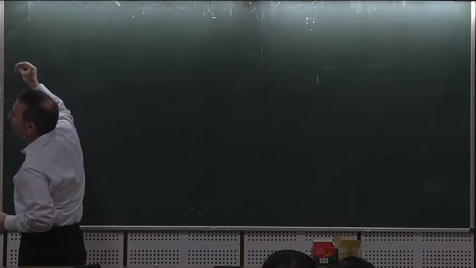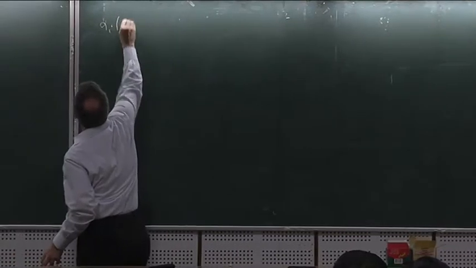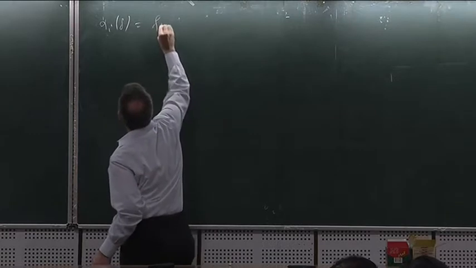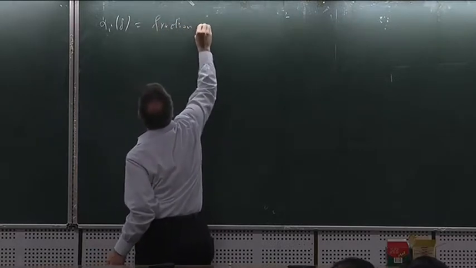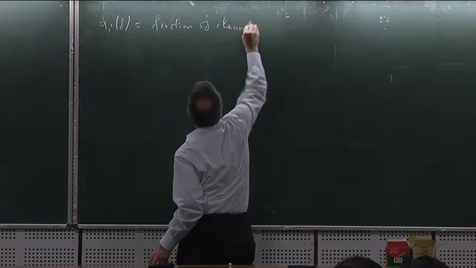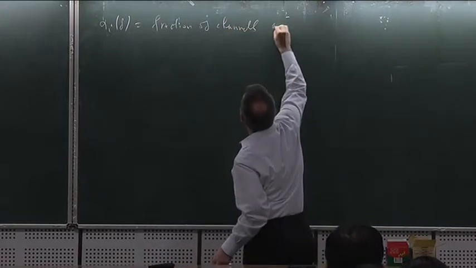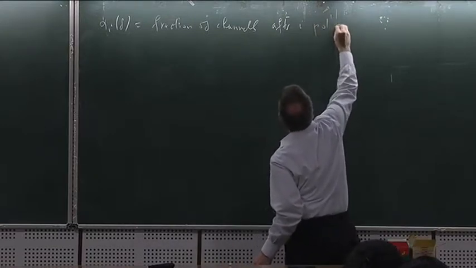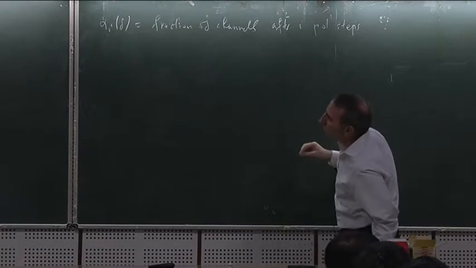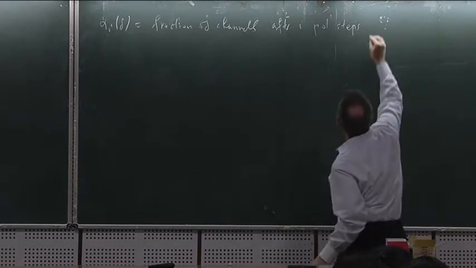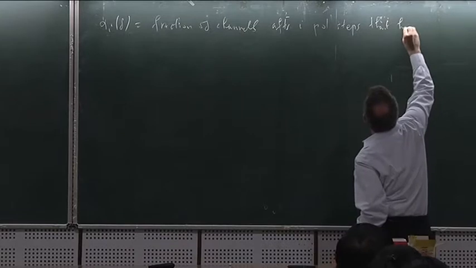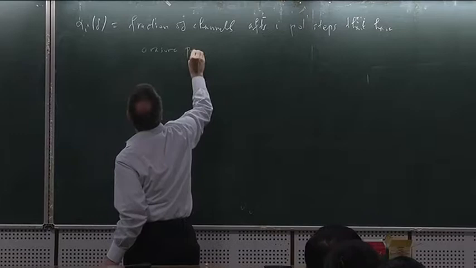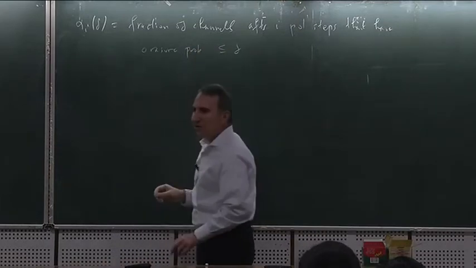So we also have maybe the following things. Let's define, using this, alpha I: the fraction of channels after I polarization steps that have erasure probability less than delta.